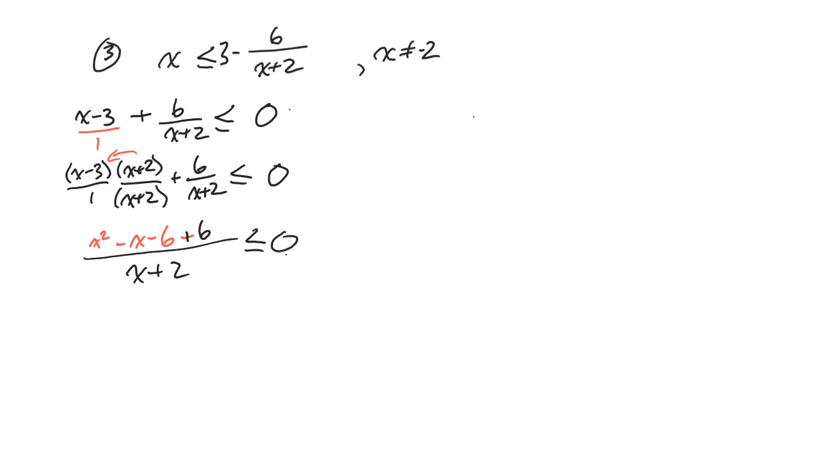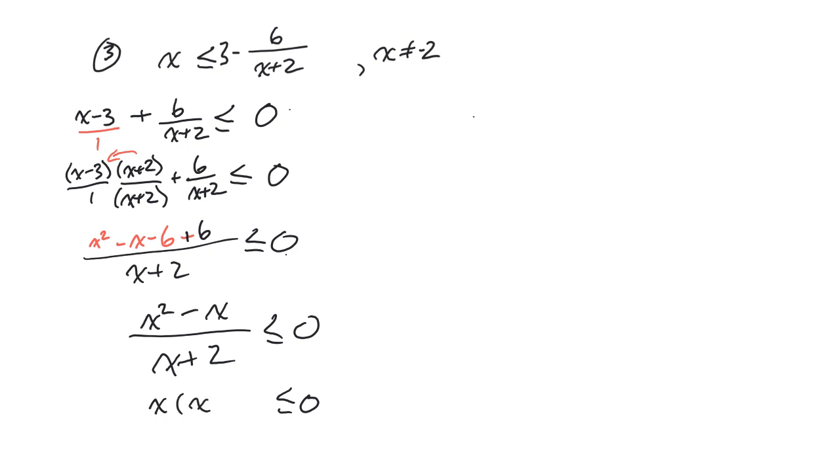So now when we simplify, we're left with x squared minus x over x plus 2, which is less than or equal to 0. And factor the top, you have x times x minus 1 divided by x plus 2.